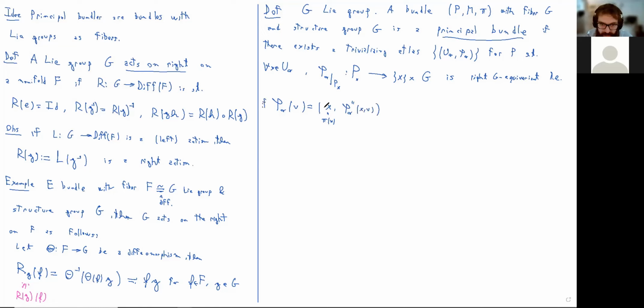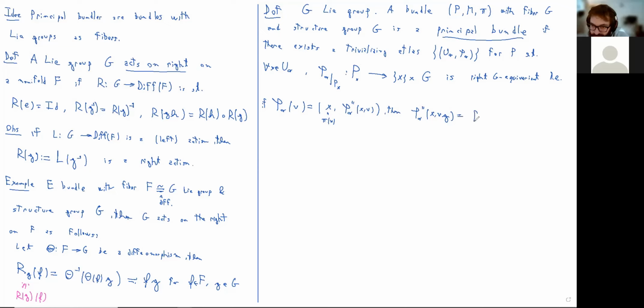So if we write it like this, then the second component satisfies this. So if we take as an input V times g, so this is the right action of the group G on the fiber P_x, which is diffeomorphic to G.